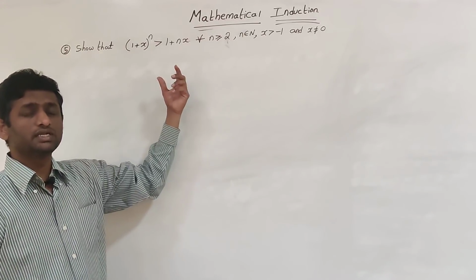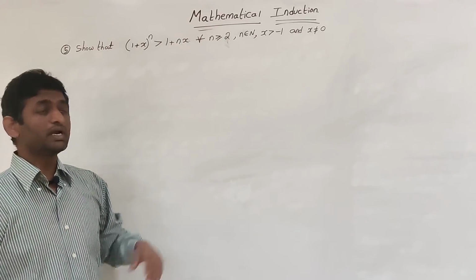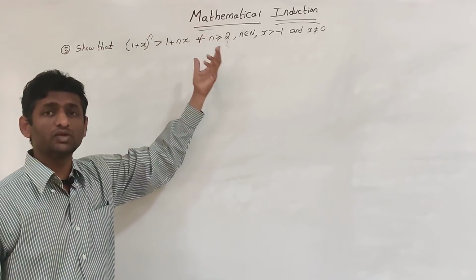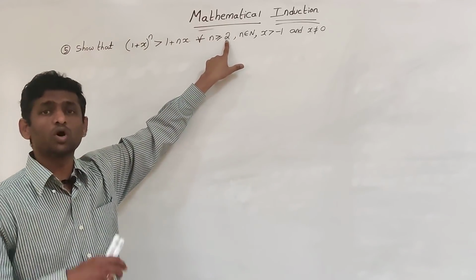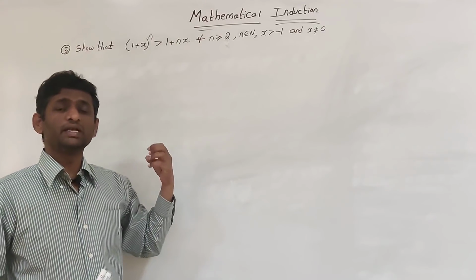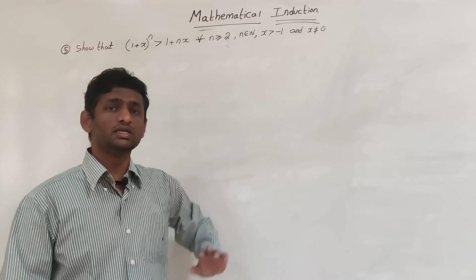So it is getting failed at n is equal to 1. But this statement is satisfied from n is equal to 2 onwards. So the basic step is not n is equal to 1, as we have taken earlier in all the problems.